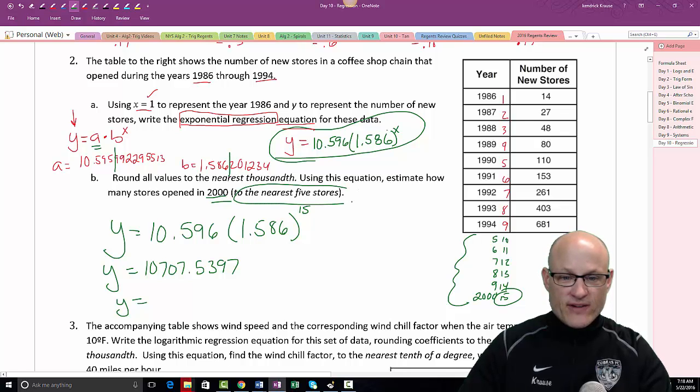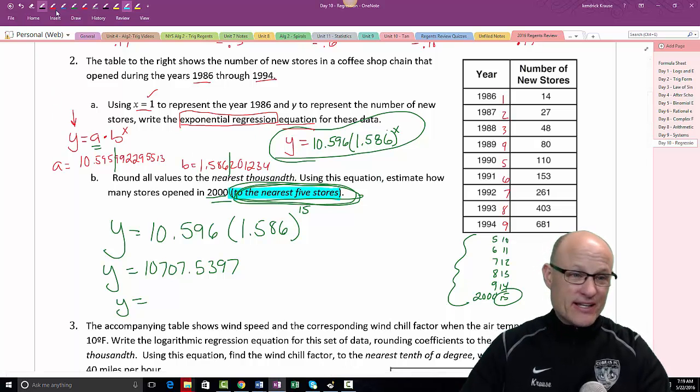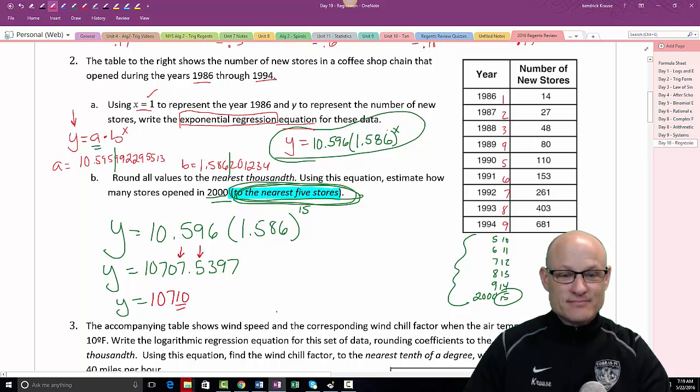Round to the nearest 5 stores. Wow, that's freaking weird. But that's how they do. You got to be able to say, okay, how accurate do I want this data? And that's just the way it's got to be. So 5 stores. This is 10,707.5. So that's a little bit over 7.5, right? So if I want to round this to the nearest 5 stores, this one's going to be 10,710.